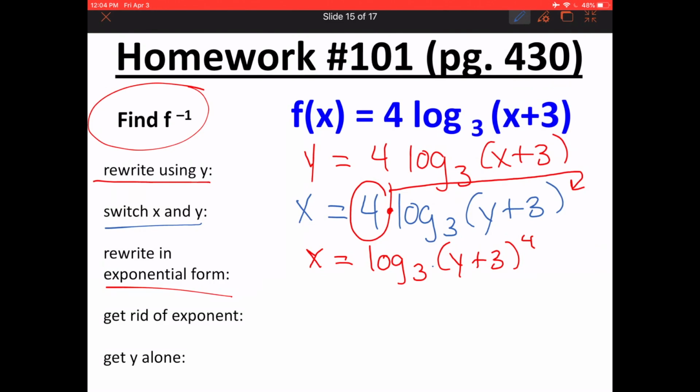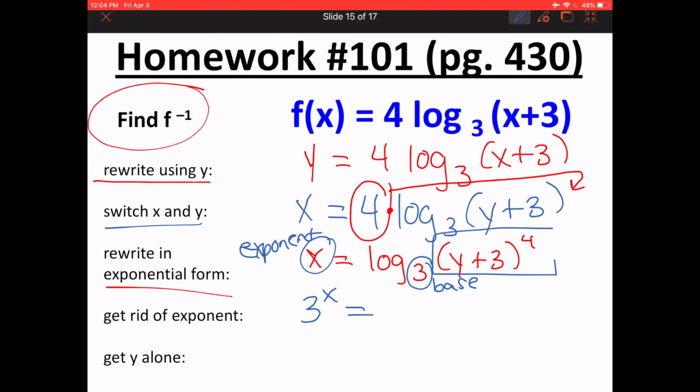To rewrite this in exponential form, my 3 stays as my base. Whatever number is over here becomes the exponent. 3 to the power of x equals, and then this whole expression is what we're going to equal. Equals y plus 3 to the power of 4. So now I've rewritten this in exponential form.